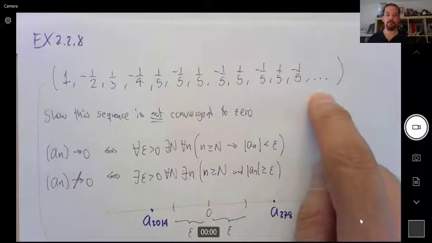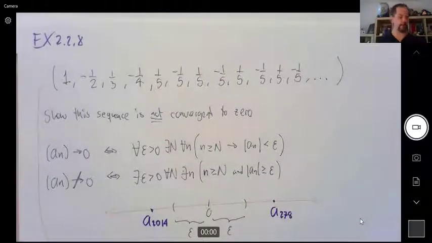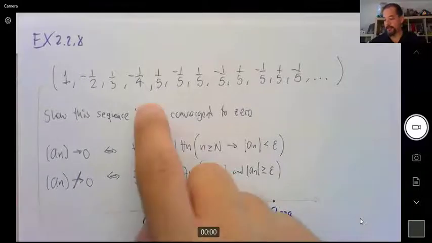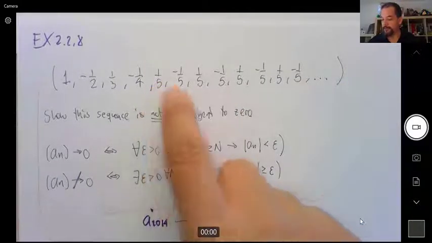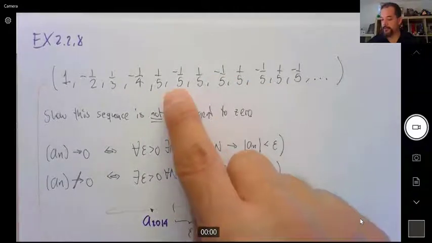We'll be able to do this in a better way once we know more properties of convergent sequences. In particular, one of those properties is that subsequences of convergent sequences converge to the same thing. And then you could argue that here you have two subsequences, one that only has 1/5 and another one that has negative 1/5.